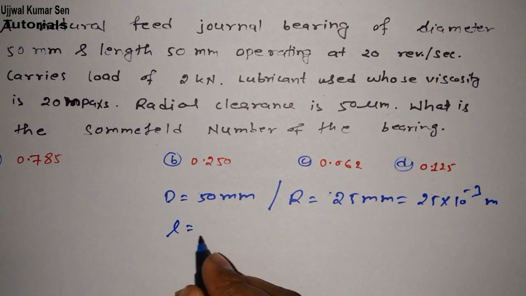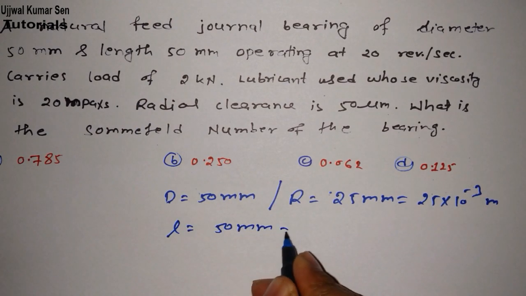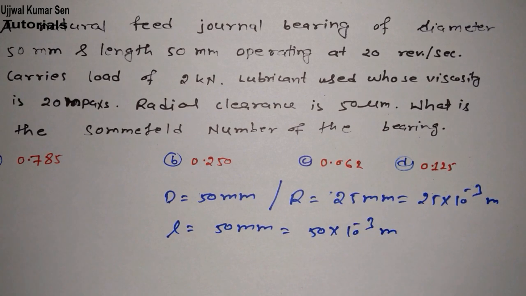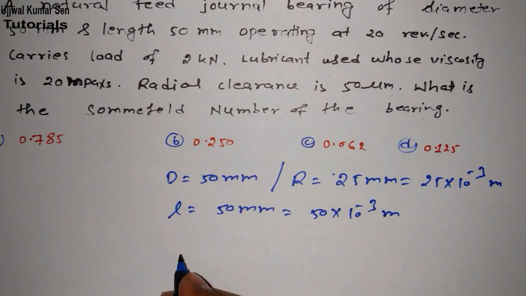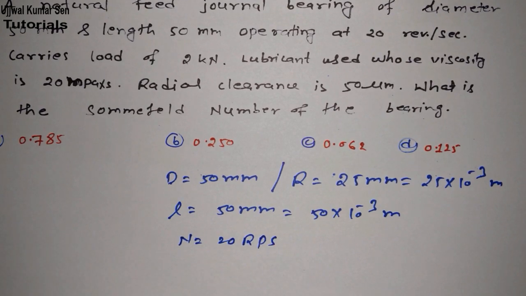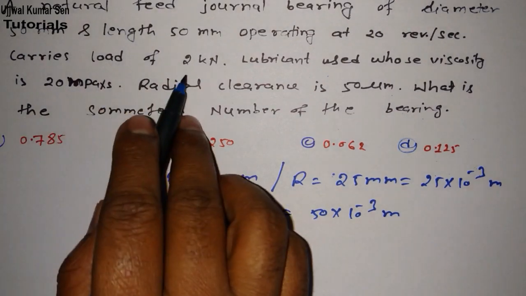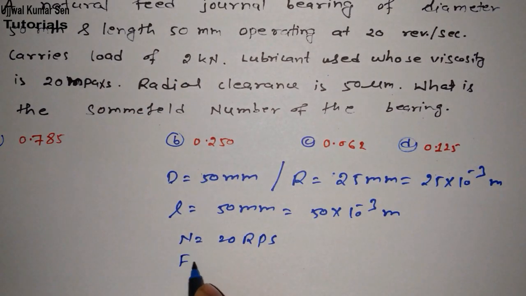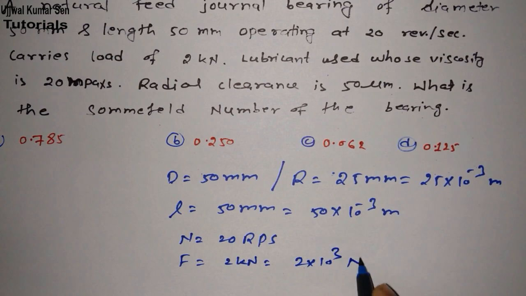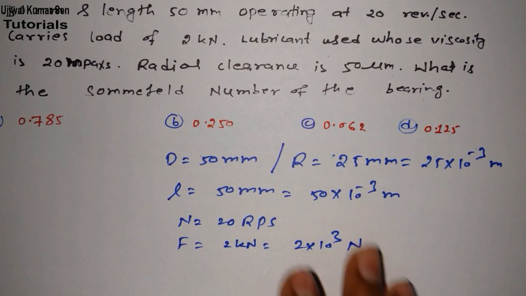Length L is equal to 50 millimeter, that means 50 times 10 to the power minus 3 meter. Operating at speed N equal to 20 rps, that's cool, because we need rps and not rpm. It carries a load, let's say force, equal to 2 kilonewton, that means 2 times 10 to the power 3 newton.